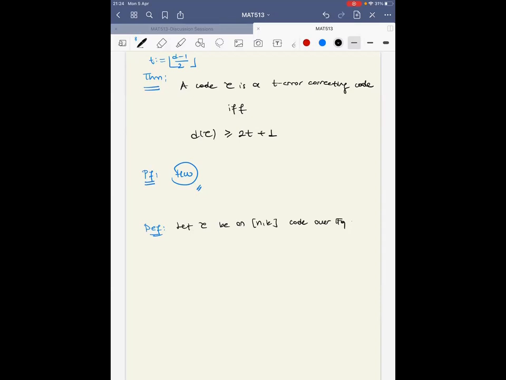So we will write this basis by using what is called the generator matrix.